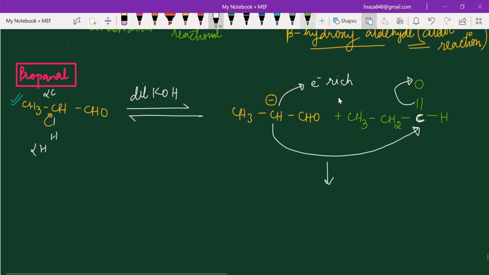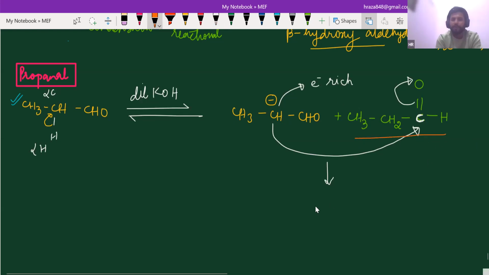Yes, sir. Now see, I'm going to write this part first. It will be CH3 as it is, then CH2 as it is, and then CH. I'm going to write this C and H together, and this will be O minus. Got it? After this, the CH directly attacked this carbon, so it will be CH, and after this CH, there was CHO, so I'm going to write CHO.